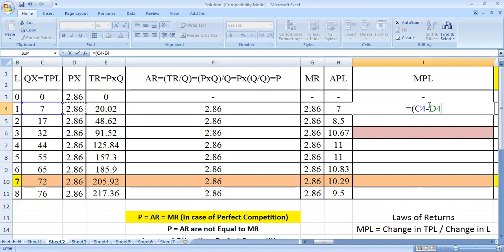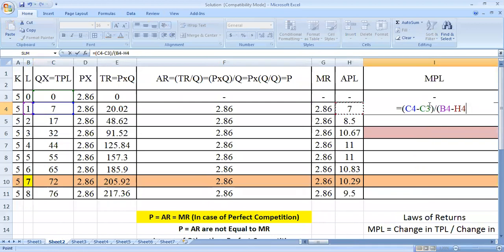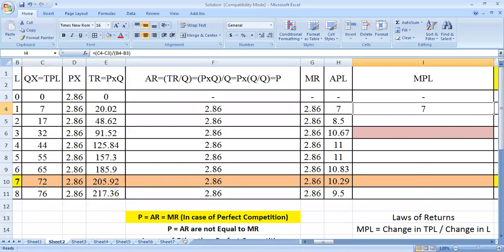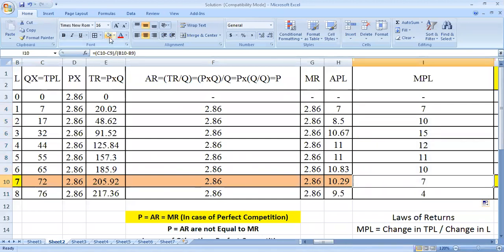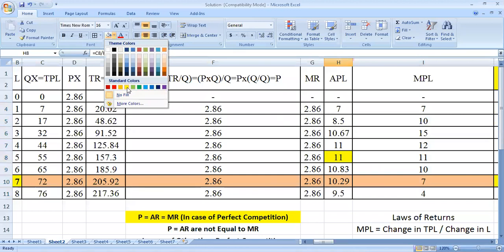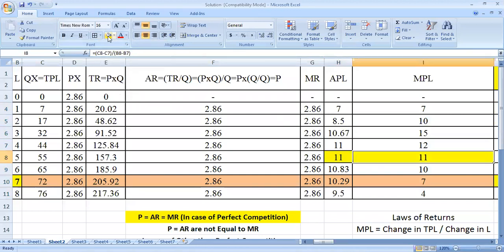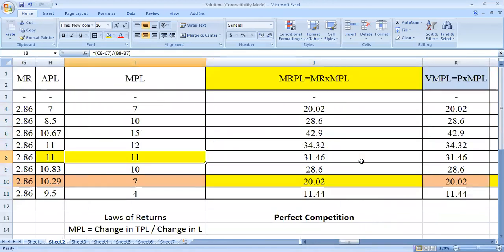So 7 minus 0 divided by 1 minus 0, right? This is MPL, and the remaining values can also be found using the same concept. After looking at this table, note the point that I already explained: when APL becomes maximum, it is equal to MPL. So it is following the same concept, and it is happening in our case.